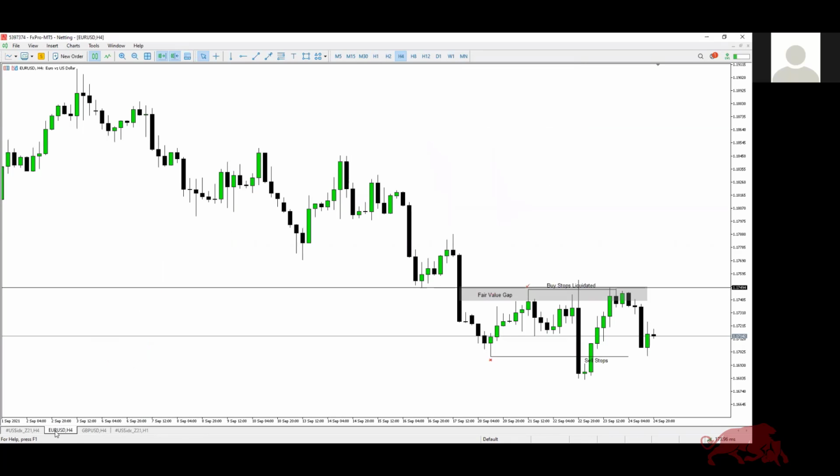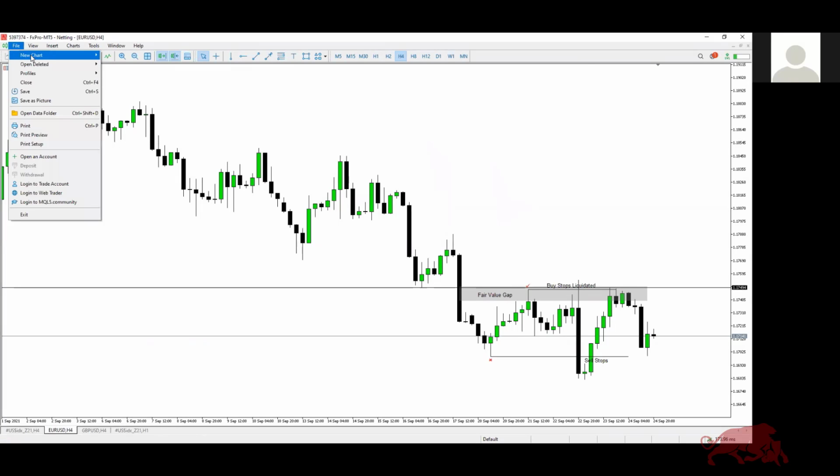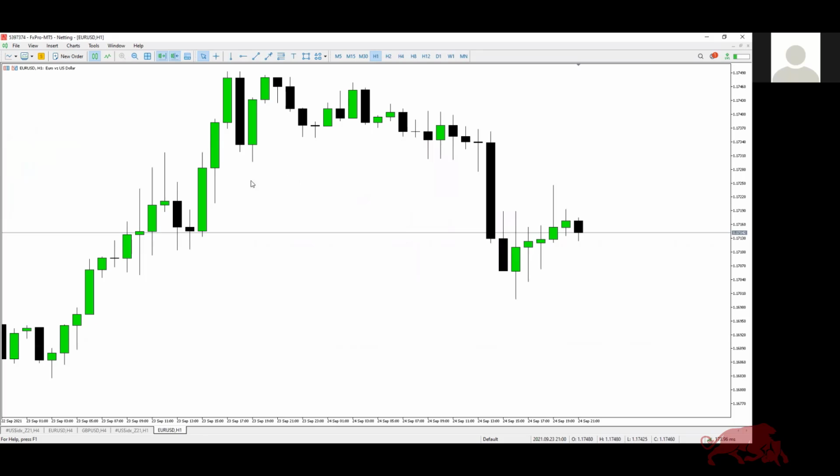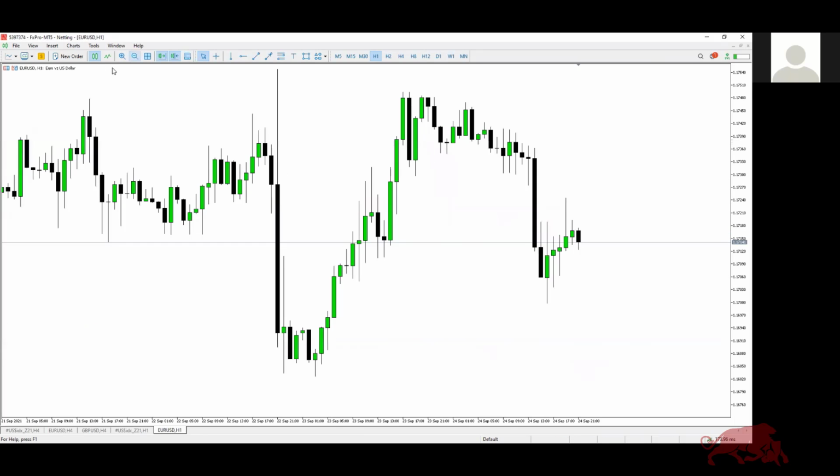When we look at Euro USD, we also saw Euro USD taking out an old high. During FOMC it took out this high just above 1.1747. Now, what is the significance of that?